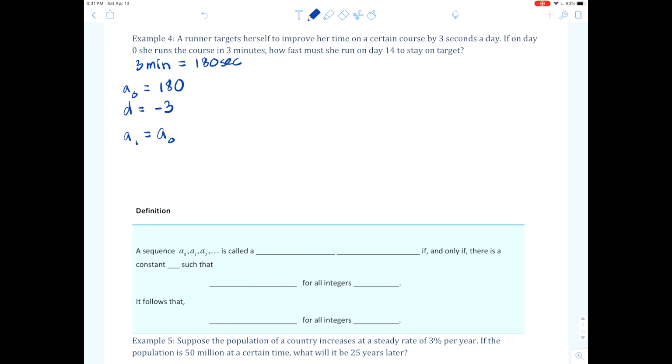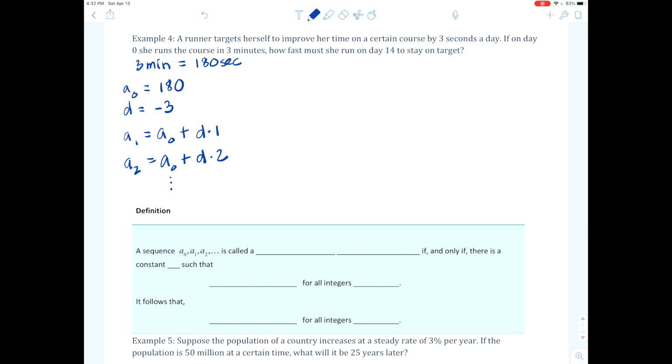Well, the initial time, and then plus the common difference times what? Well, this is the second time she's running it, and so it would be the common difference times 1, right? But A2 would be the first time plus that common difference times 2, etc.